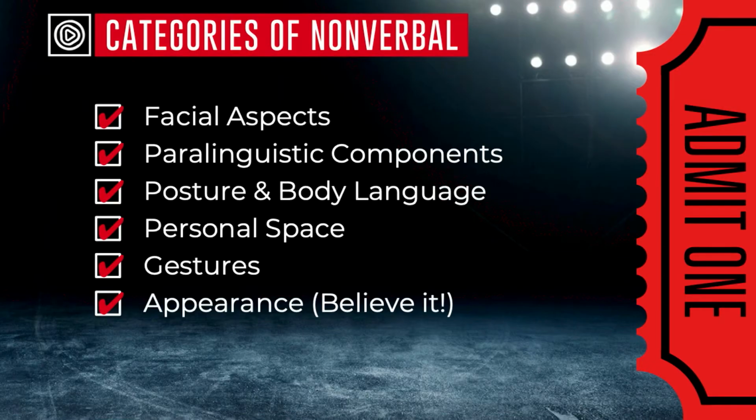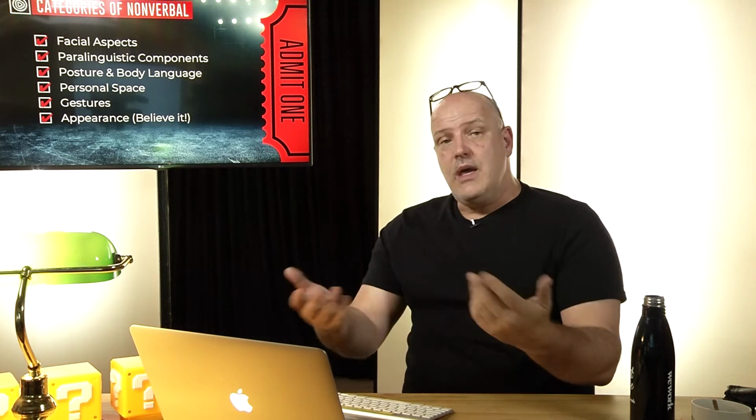But tonight we're focusing on these elements that are really the categories of nonverbal. So they sit in about some six or so categories, and facial aspects, of course, are important. Paralinguistic, which is your tone. How do you pause? How does the pace roll out and so on? The body, the posture, before you get to gestures, and then also something like personal space, which is how does the presenter seem in their personal space?